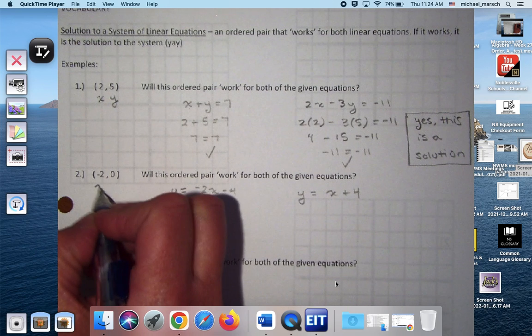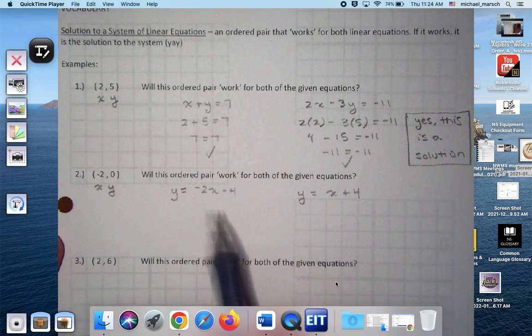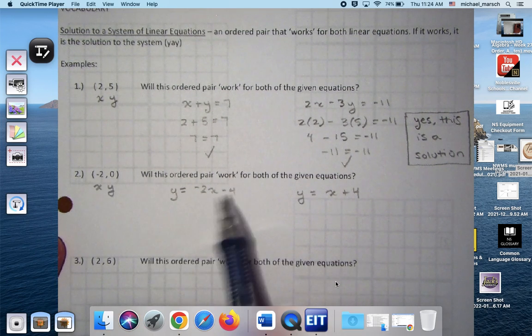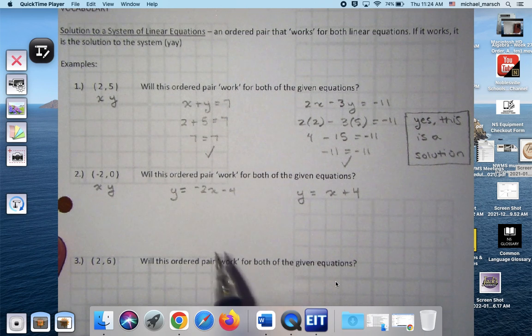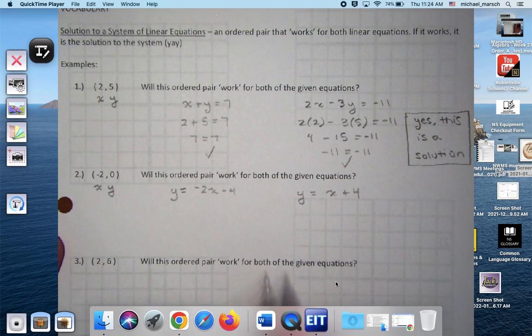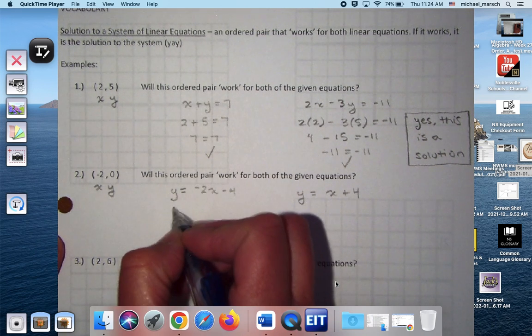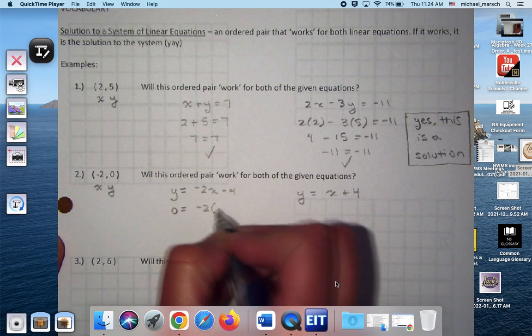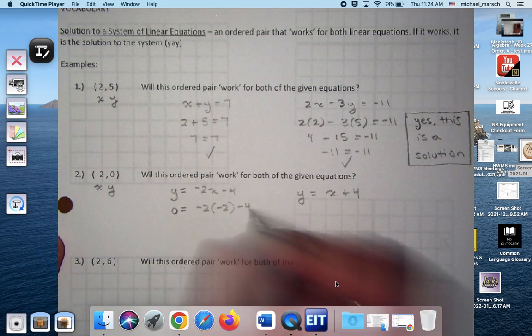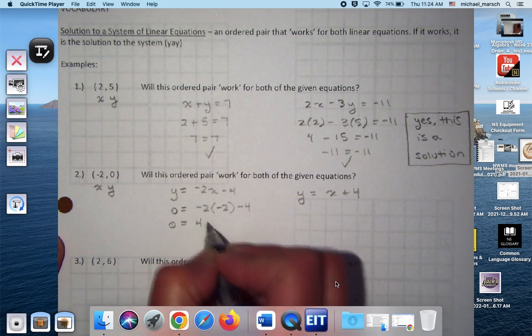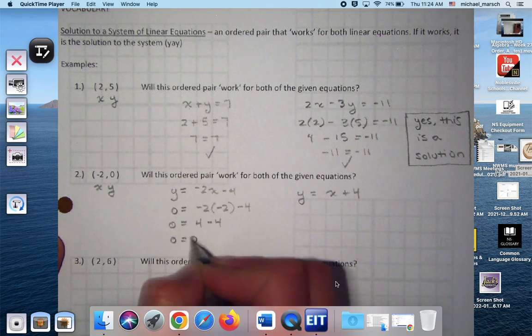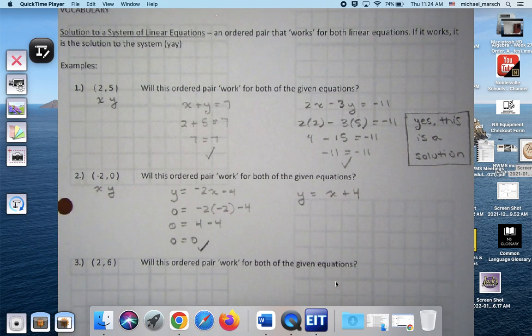So I have my x and my y value from my ordered pair. I'm going to substitute them into both equations to see if they both work. First one works.